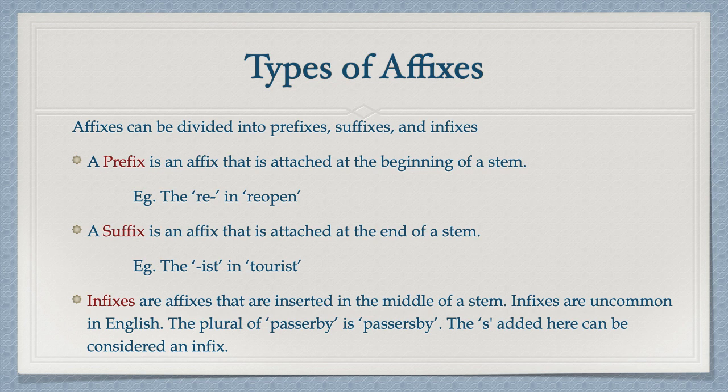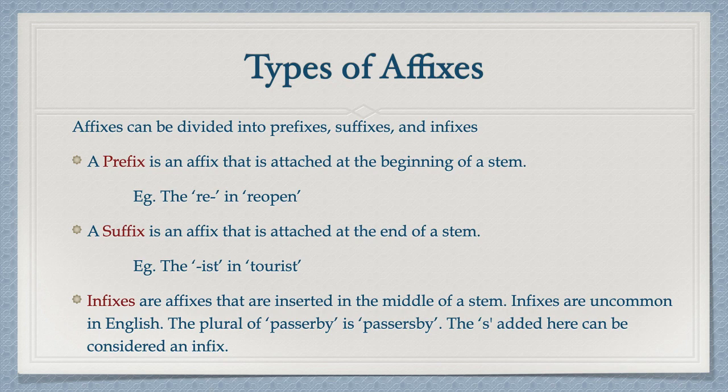So here we have the stem, that is passerby, and the affix which is added here is the letter S. So usually, like in the case of boys, girls, the plural suffix is added at the end. It comes as a suffix. But here it comes as an infix. It comes in the middle of the stem. Passerby becomes passers-by. So the S added here can be considered an infix.